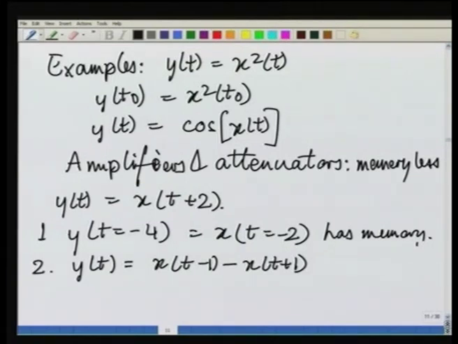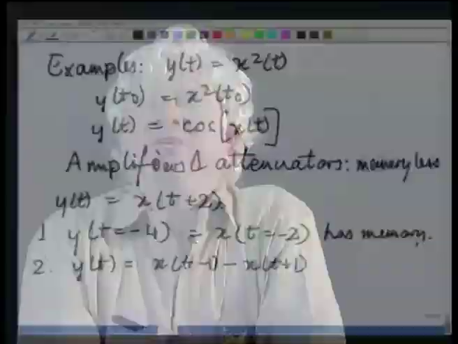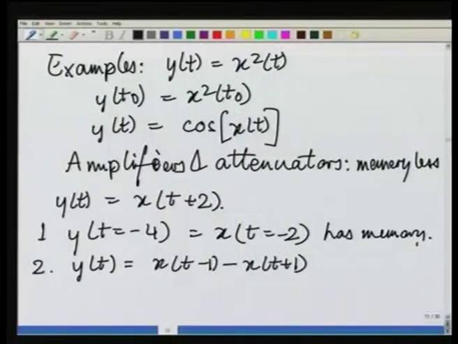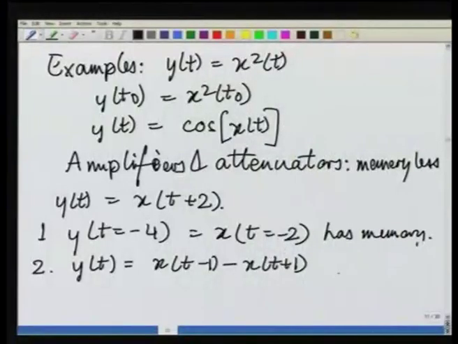Here again, to evaluate y t, you need information about the signal at points other than the corresponding point. If t naught is the point, then you need information at t naught minus 1, what value of x t holds at t naught minus 1 and what value of x t holds at t naught plus 1. So, these are points other than the point in question, namely t naught. This therefore, also has memory.